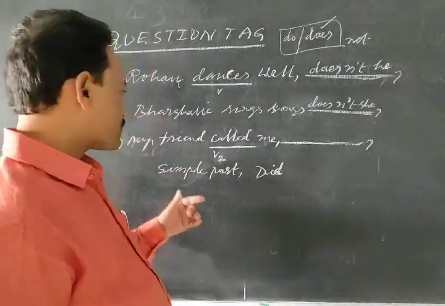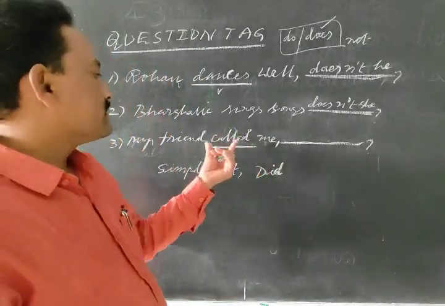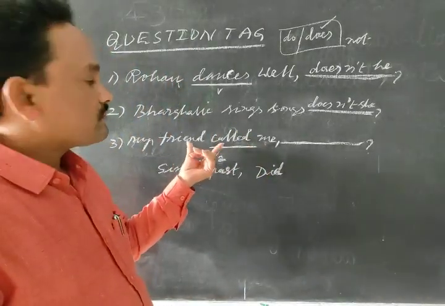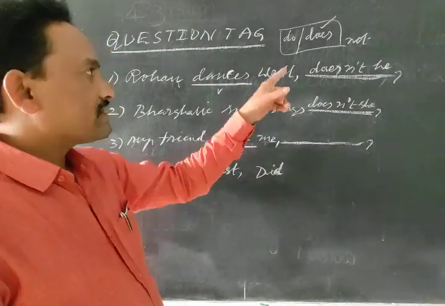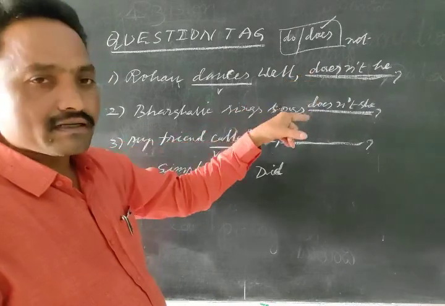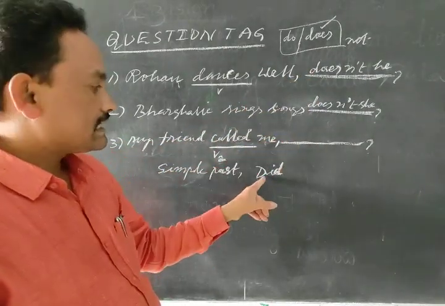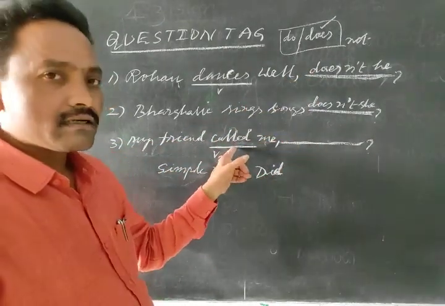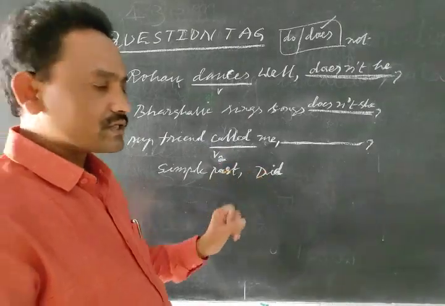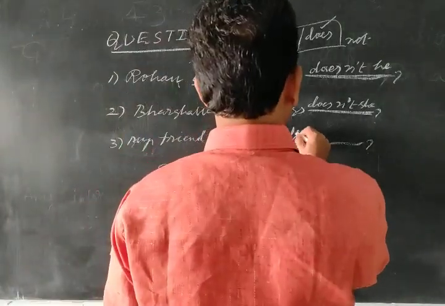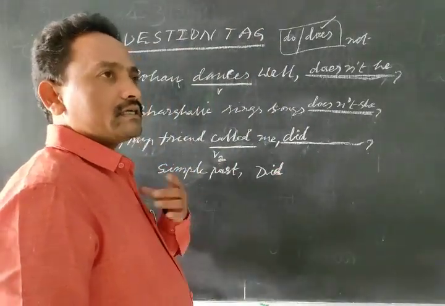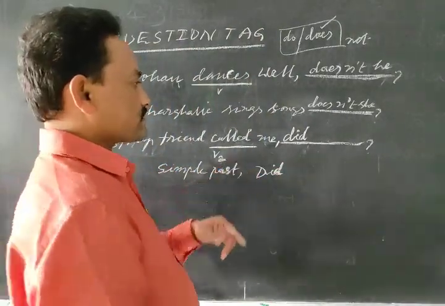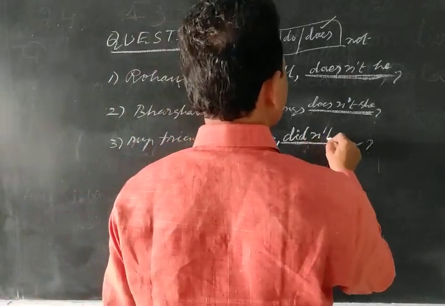In this case, once again, my friend called me. This is a positive statement. For this positive statement, a negative question tag is needed. The very beginning in a question tag is the auxiliary verb or the questioning word. Here, according to this sentence, the suitable word is "did". Then the negative sign, that is "not", of course, don't write "not" exactly, the short form "n't".